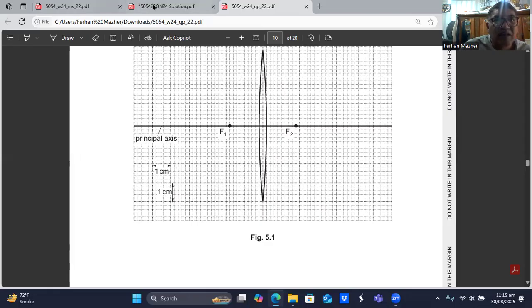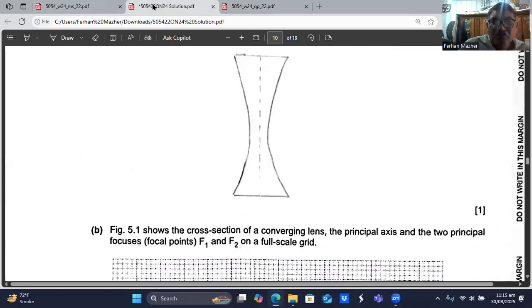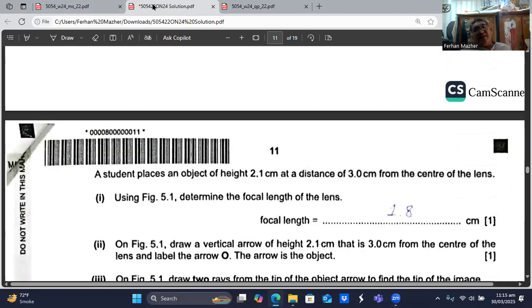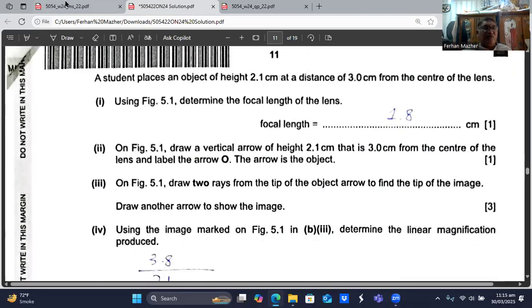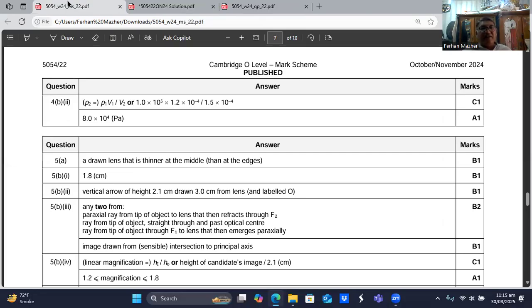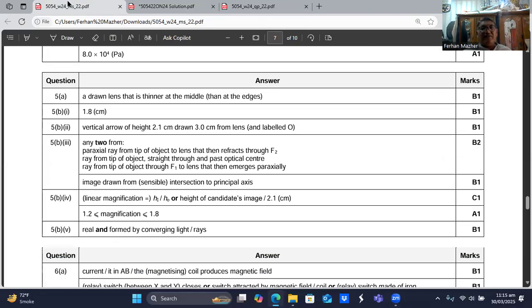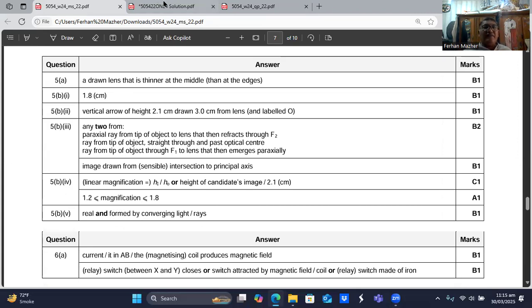So this is 1.8. So the focal length is 1.8 centimeter. So you can see that our answer is right.